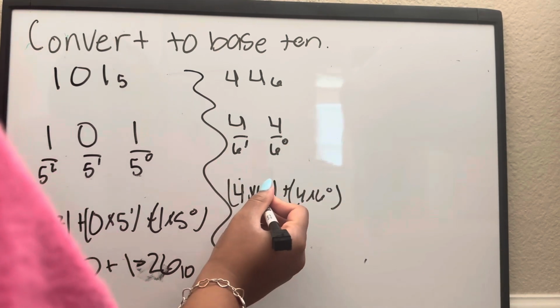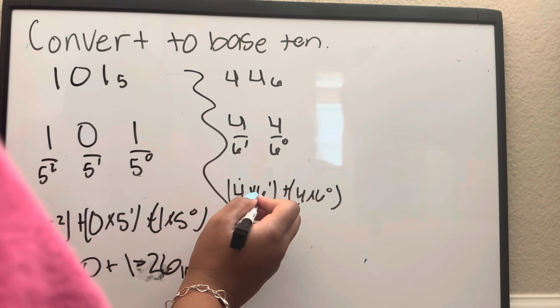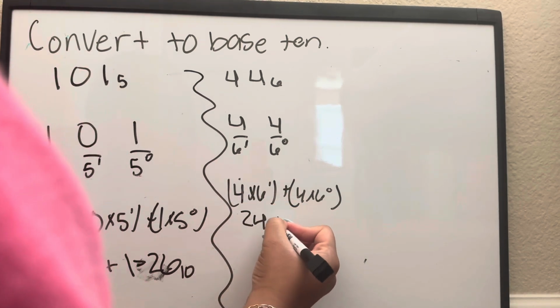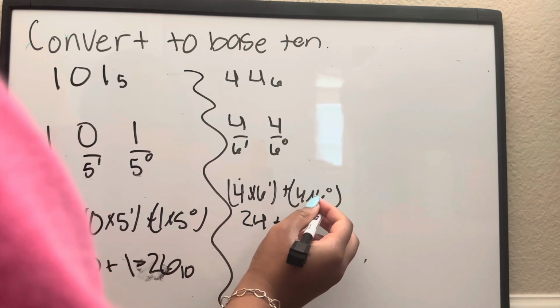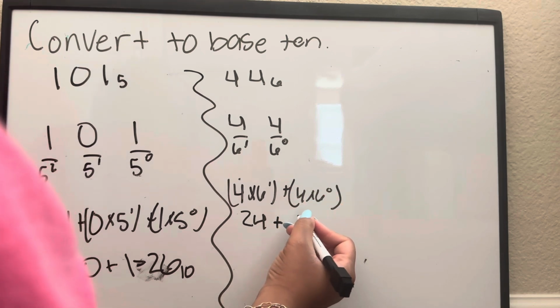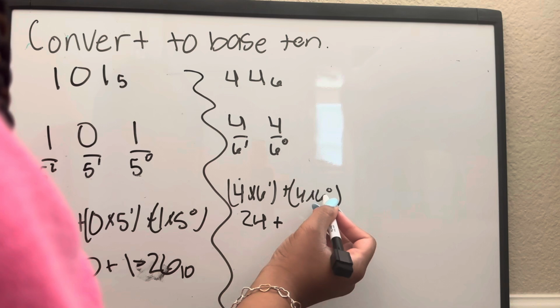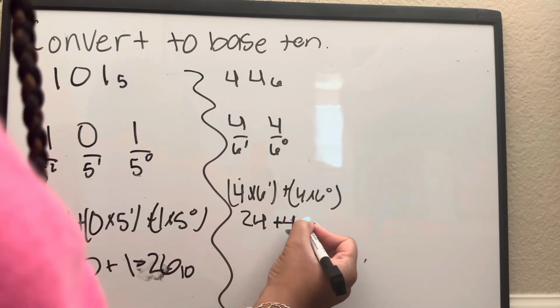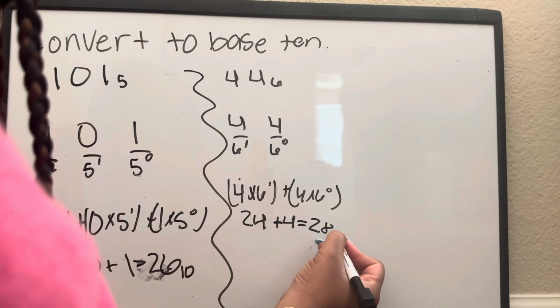So 4 times 6 to the power of 1 is just 4 times 6, which equals 24, plus 4 times 6 to the power of 0, and 6 to the power of 0 is just 1, so 4 times 1 equals 4. So we are left with 28 with the base of 10.